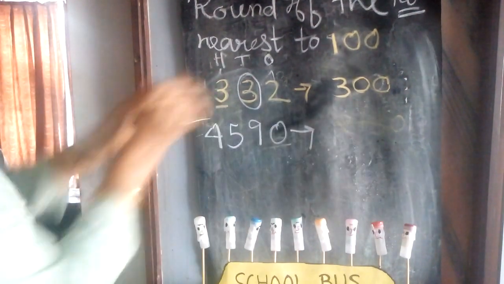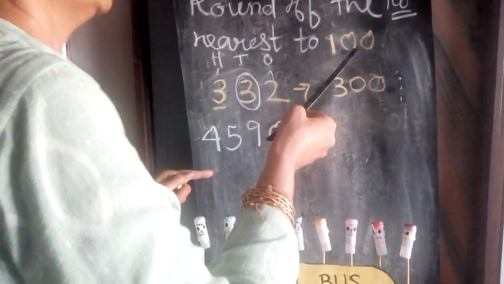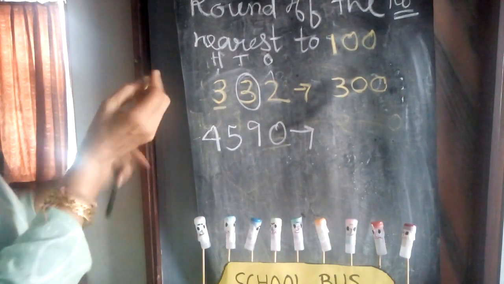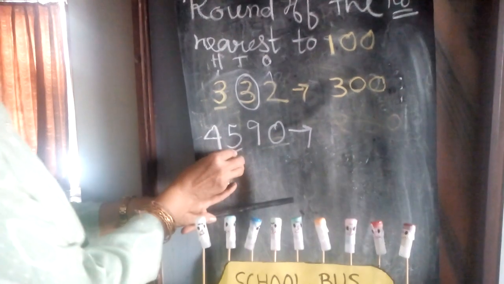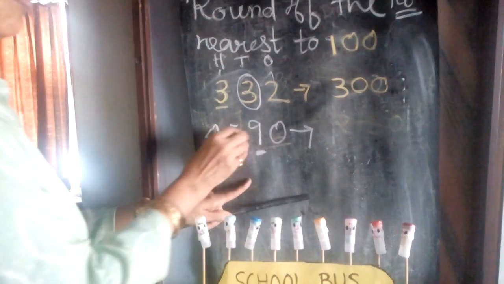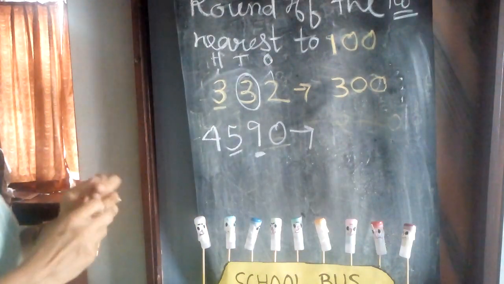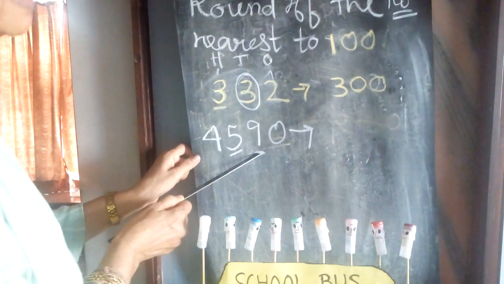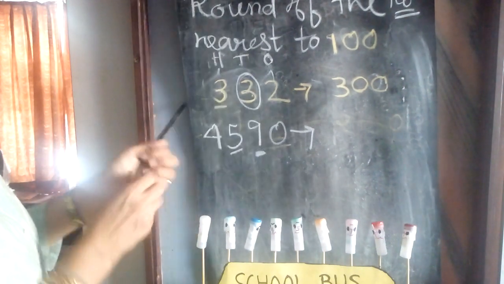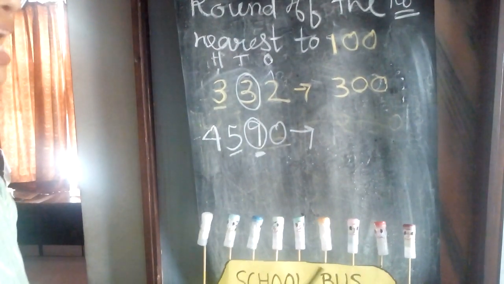Now look, children. Again, rounding to the nearest hundred. 100 means, see the hundred place, but you are making changes in tens place. You have to go and change the tens place. Now look, children. Tens place, which number is there? 9. 9 number means which standard, children, here? 9th standard.